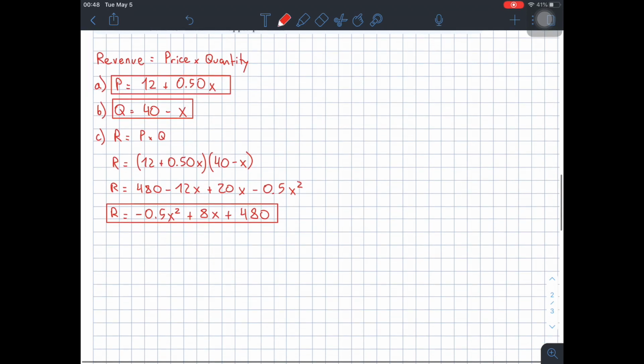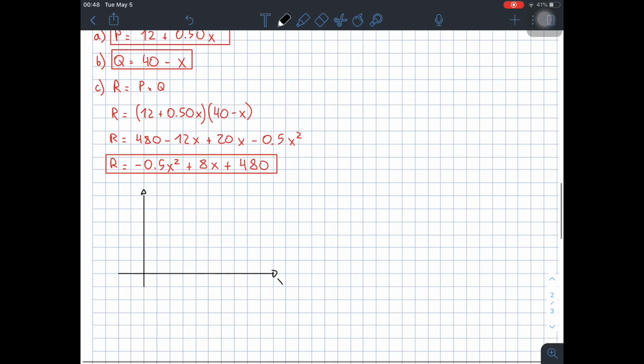If I do a quick sketch of this situation, in this case, we're gonna have revenue with respect to x, which is the number of pies. So I'm gonna write x, which is pies sold, and in the y-axis we're gonna have revenue, which is dollars for us, right?